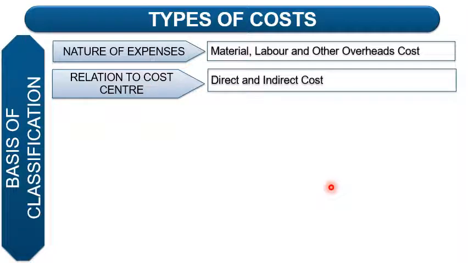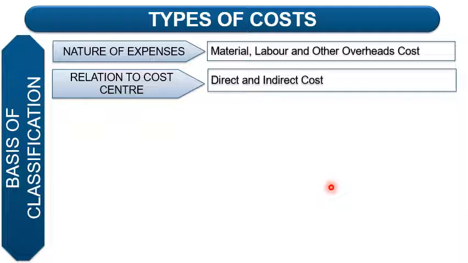Now the next one is the relation to the cost center, which includes direct and indirect cost. The direct cost is a significant cost immediately associated with the production process. Clear? It can be seen as the prime cost and it includes direct material, direct labor and other direct overheads. So the total of these direct costs is also known as the prime cost.